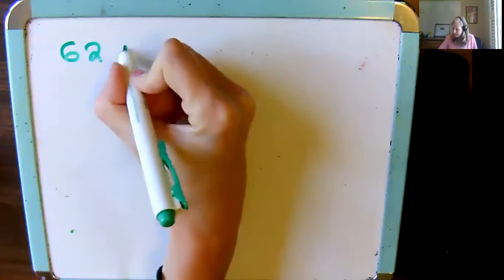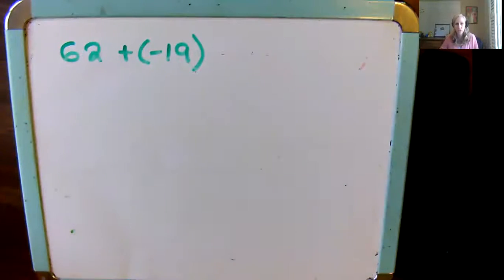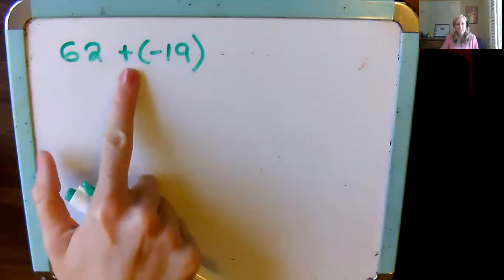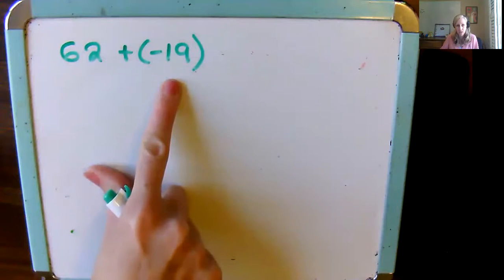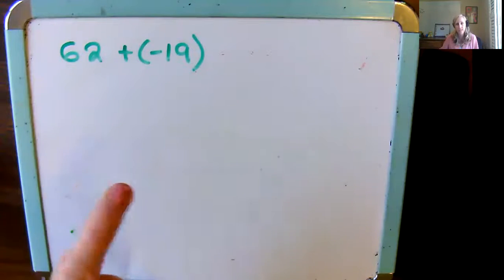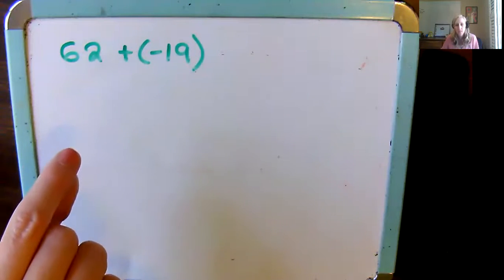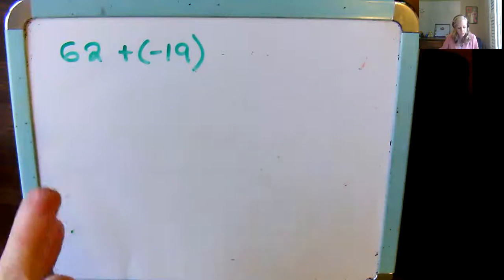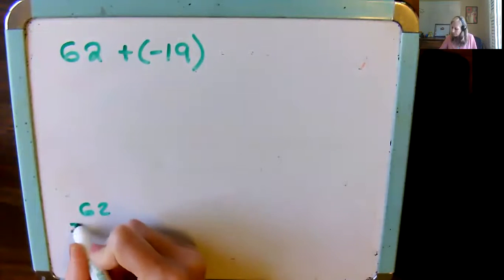62 plus negative 19. So ask yourself those questions we talked about. This is an adding problem. This is a positive 62. This is a negative 19. So we're adding integers that have different signs. Same signs, add and keep. Different signs, subtract. Take the sign of the bigger one, and you will be exact. So over to the side, do 62 minus 19.